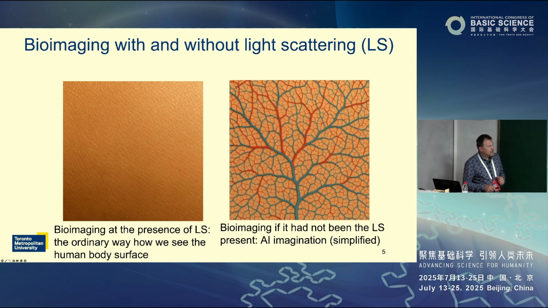In this case, we would see all the blood vessels in the skin quite clearly. The picture was generated by AI, and that's a simplification, of course, but just to give you an idea. Very nice, a good contrast, so we could easily see what's wrong with our blood vessels, but instead we see this, and that is because of light scattering.